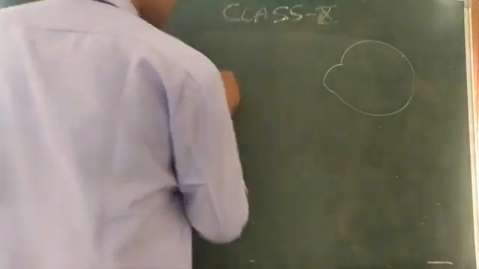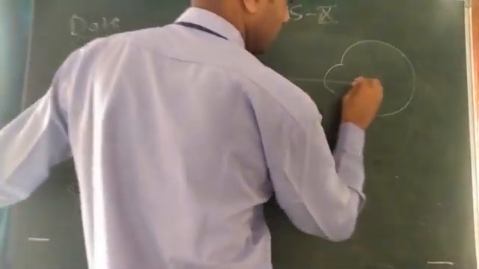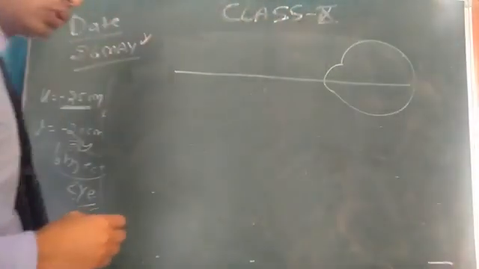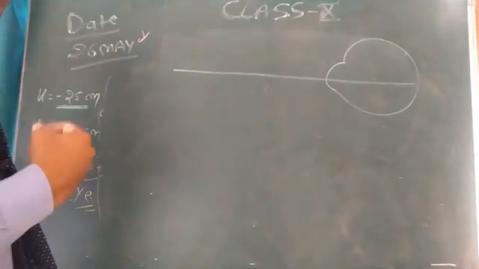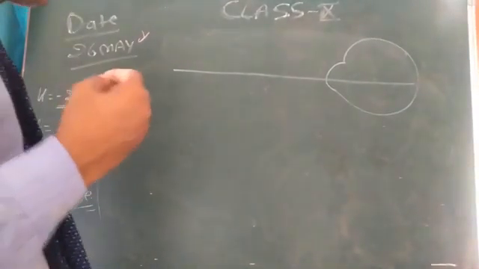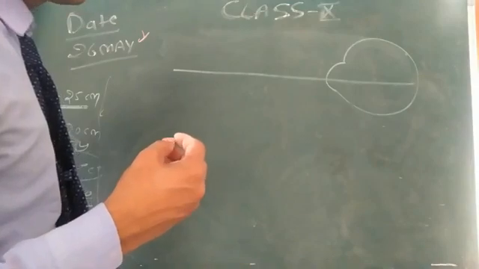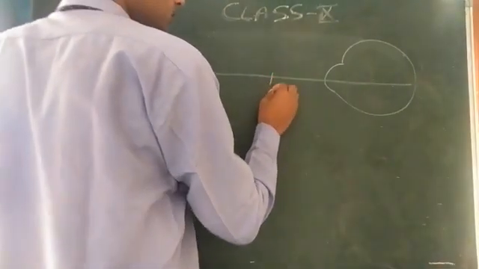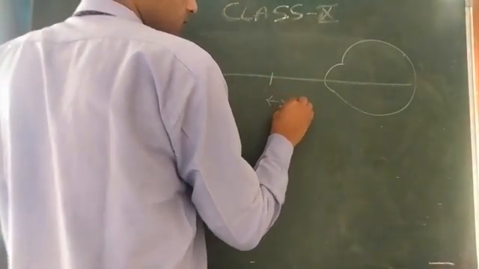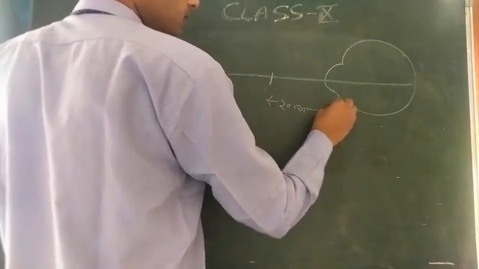Let this be the eye, and according to the question, a short-sighted person can read a book when the book is placed at a distance of 20 centimeter. It means this distance is 20 centimeter.